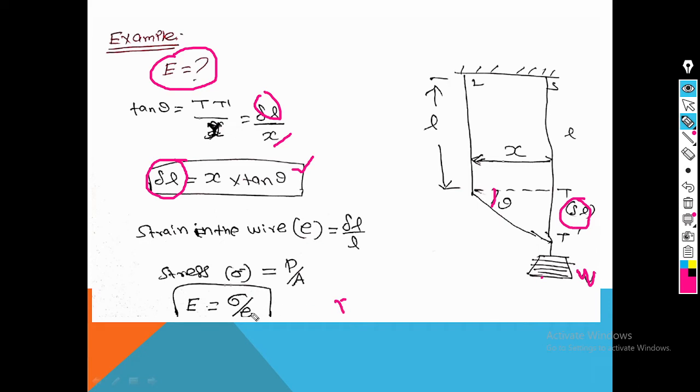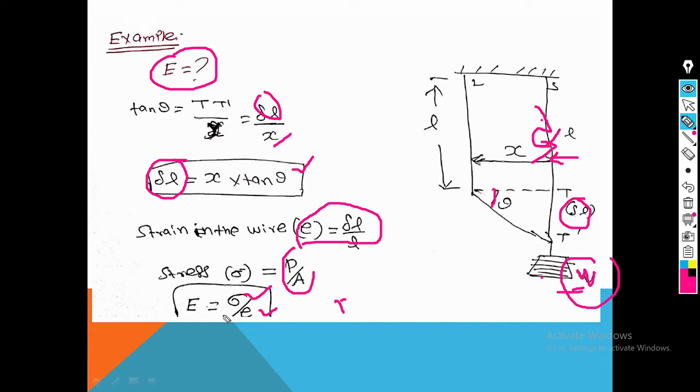First we want to find the Young's modulus, so we need the stress and strain values. Strain in the wire is del L by L, where L is the length of the wire. Stress equals P by A, where P is the load, the weight W, divided by the cross-sectional area, based on the diameter of the wire.